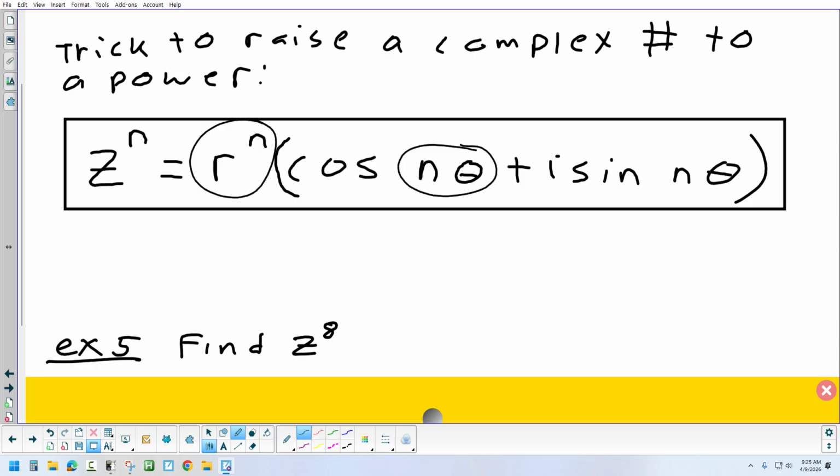Okay, so I'm not going to do something as big as the 43rd power. I'm just going to raise something to the 8th power. But even to the 8th power, if you had to write something with 8 sets of parentheses, it's still going to take a little bit of time.